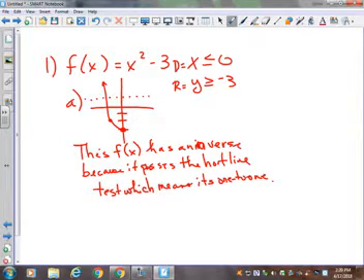Y'all can reword that better later when you're making your own. That's probably not the best sentence.